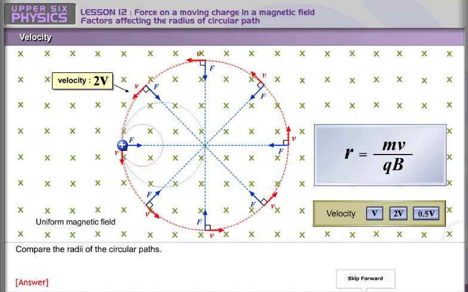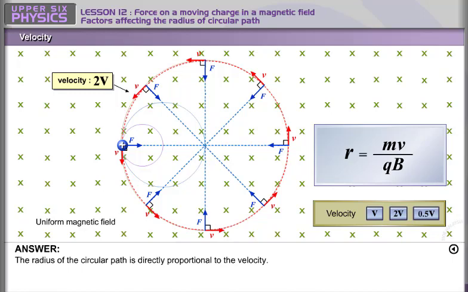Compare the radii of the circular paths. Answer: the radius of the circular path is directly proportional to the velocity.